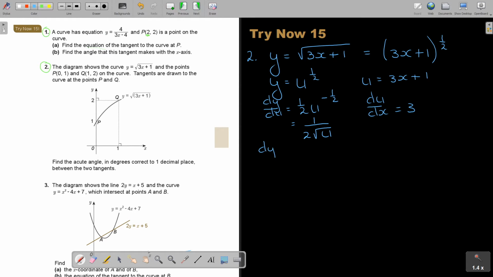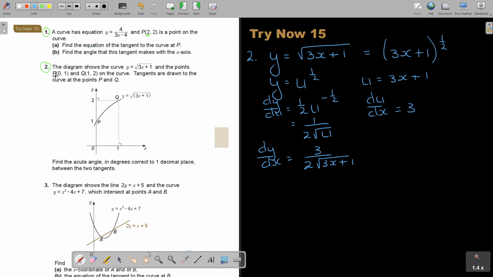So dy over dx equals 3 over 2 root u, and put the u back, and that is 3x plus 1. Okay, that is my formula after it is differentiated. Now, the diagram shows the points at 0 and 2.